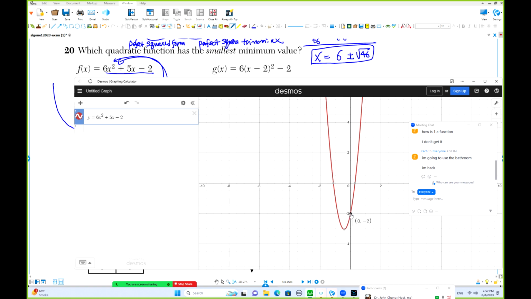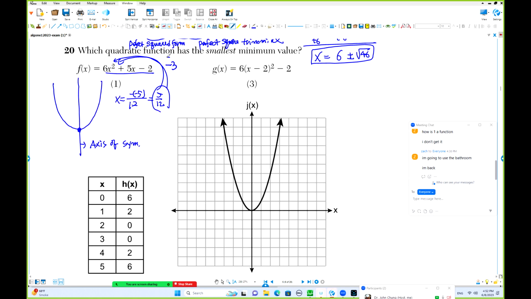Negative 2 is the y-intercept. This is the minimum, because this is not an integer over here. Around negative 3. That is the minimum. This one is already in vertex form. When x is 2, y equals negative 2. That is the minimum.